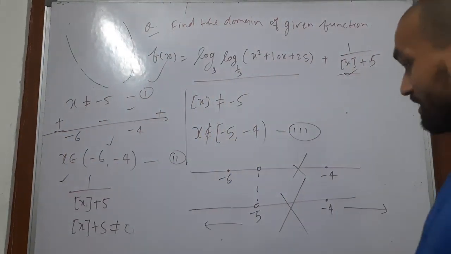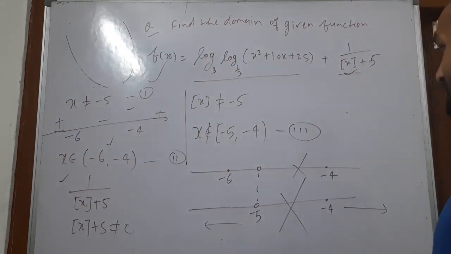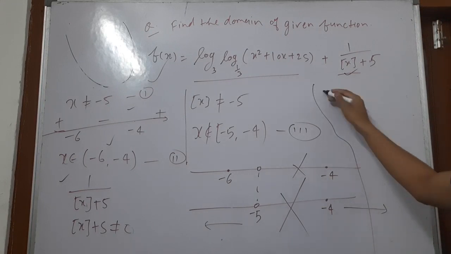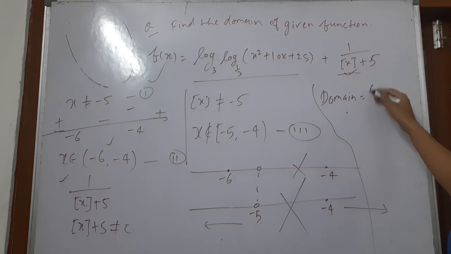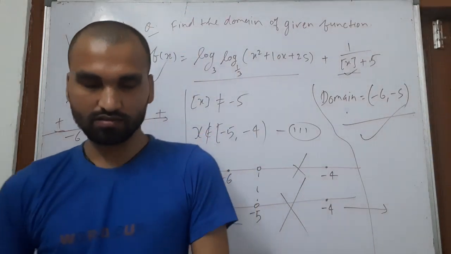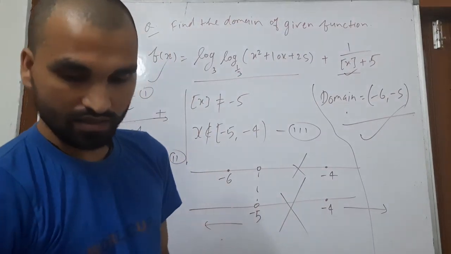So our final domain is the open interval minus 6 to minus 5. This is our final result for this particular function. This is our answer.